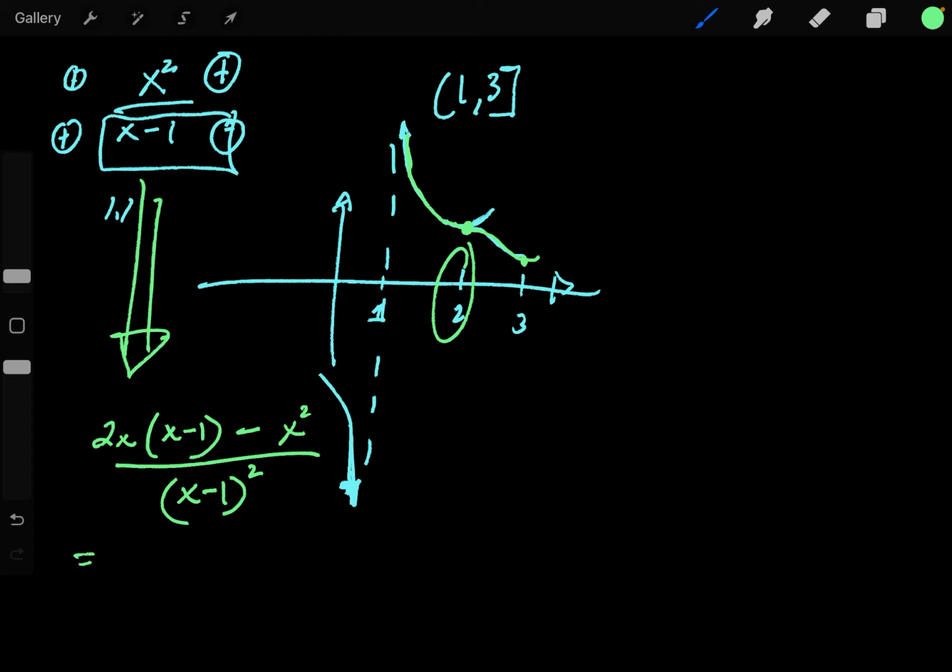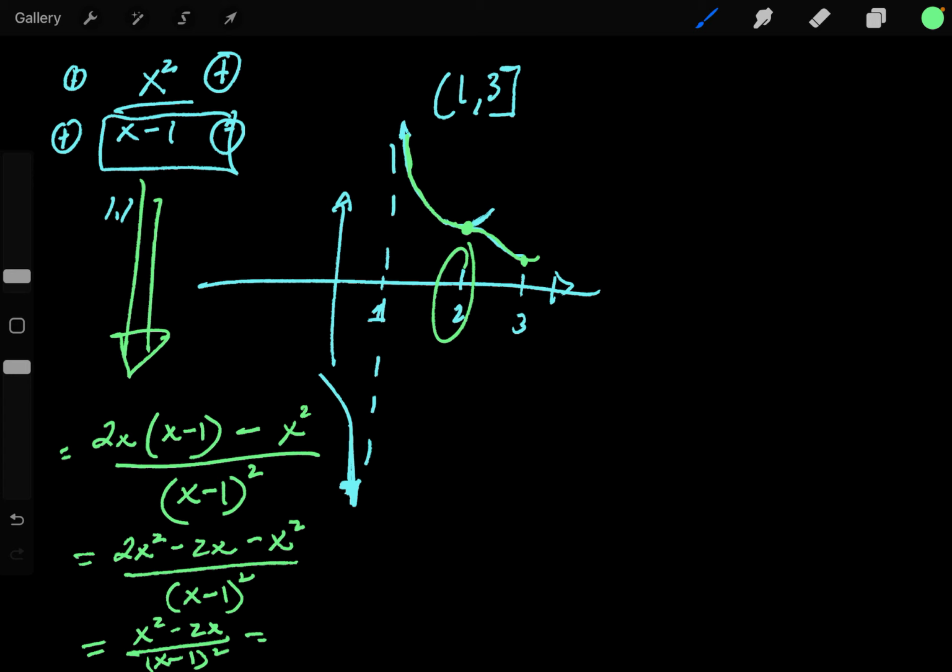Now I get 2x squared minus 2x minus x squared over x minus 1 squared. This becomes x squared minus 2x over x minus 1 squared, which becomes x times x minus 2 over x minus 1 squared. That's my derivative.